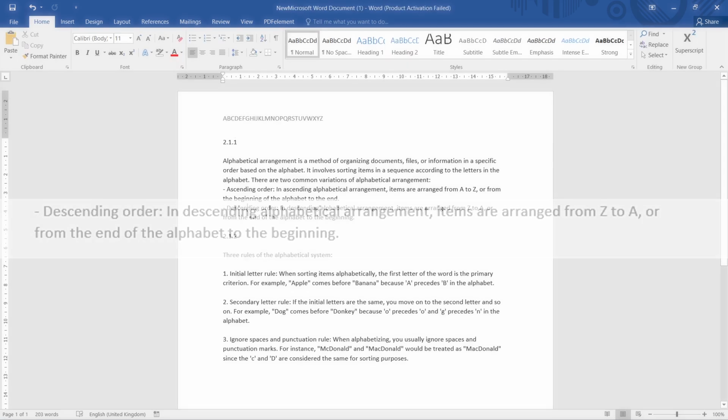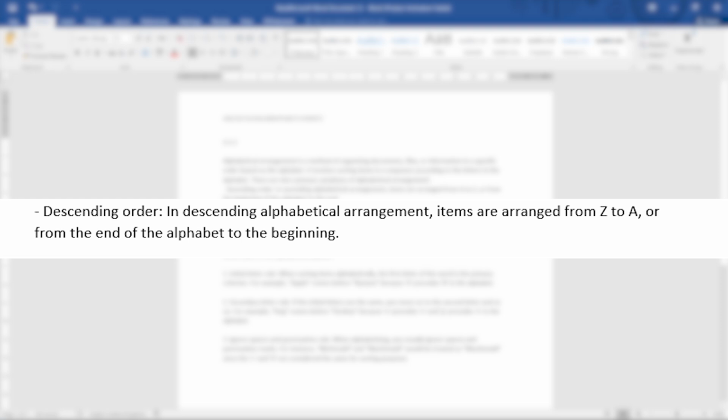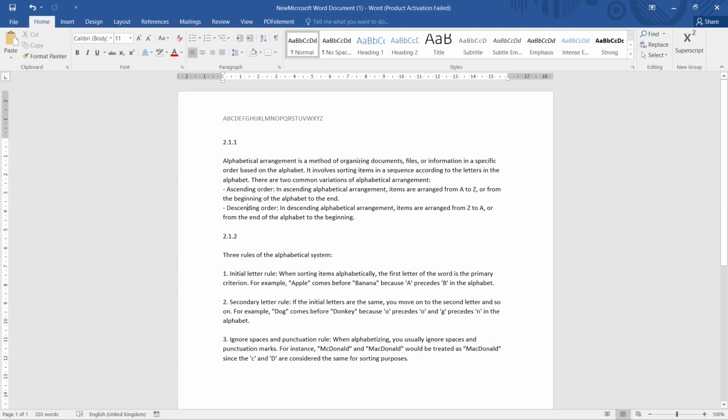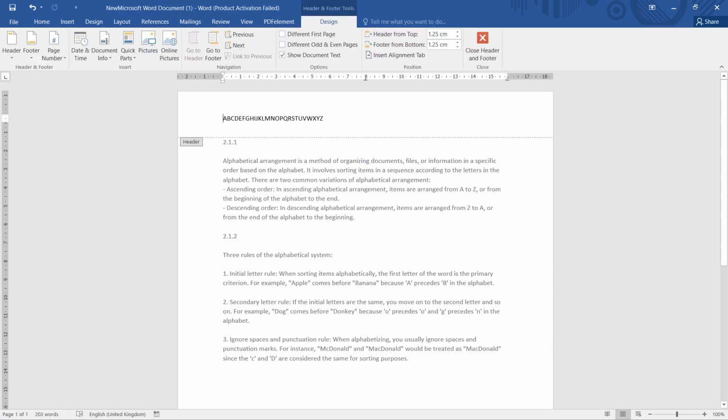In descending alphabetical arrangement, items are arranged from Z to A or from the end of the alphabet to the beginning. So pretty much this is the exact opposite of the ascending order. Now, instead of your words starting from A to Z, they actually start from Z to A. Right, I hope that makes sense. If it doesn't, please let me know in the comment section and I will try to clarify that even further.